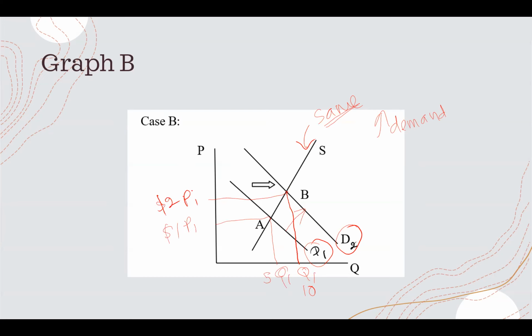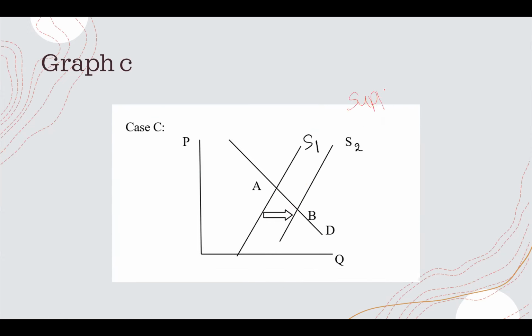So now the equilibrium point shifts from A to B. When demand is increasing, there is a right shift of the demand curve, and both quantity and price increase. Now let's go to graph number C.